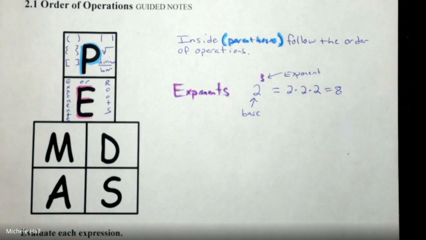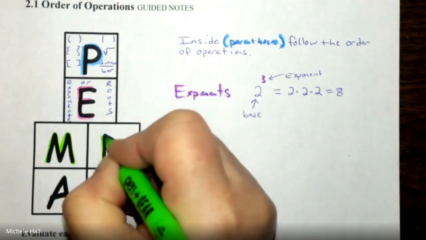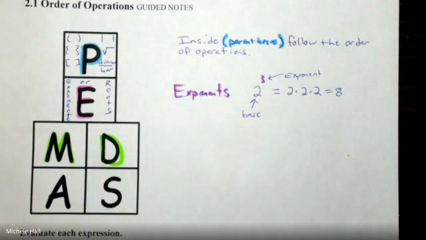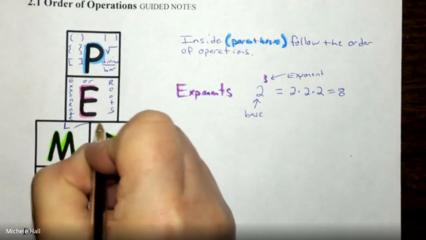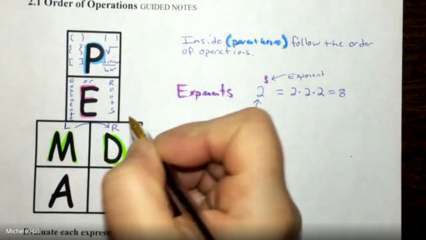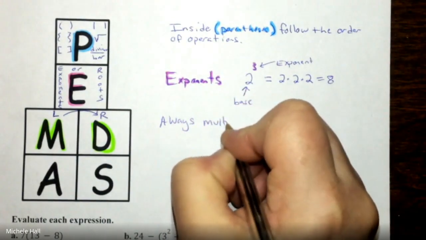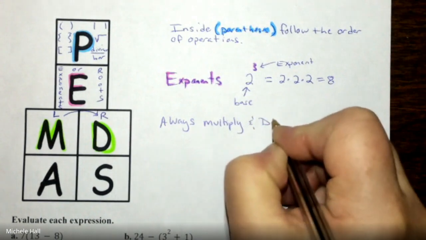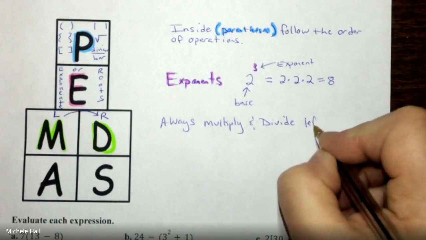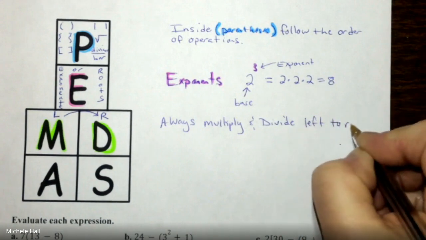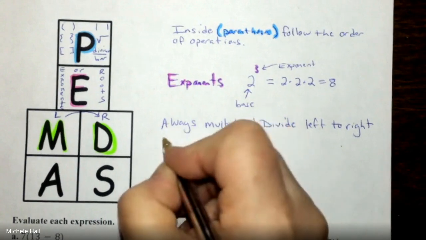Next in the order of operations is multiplying or dividing, whichever occurs first from left to right. You always multiply and divide left to right, whichever occurs first.